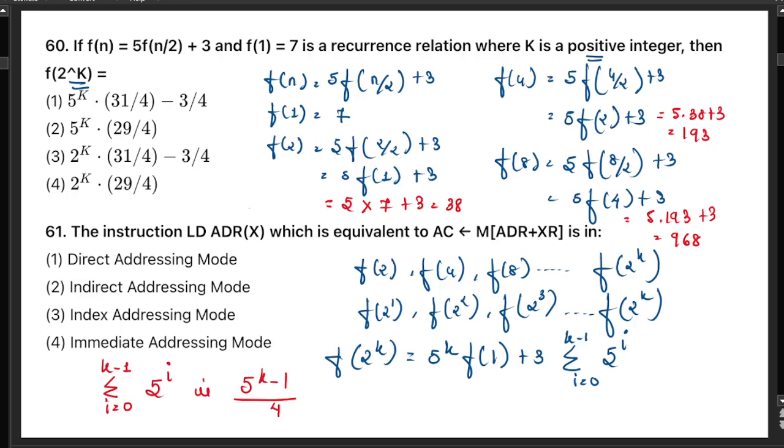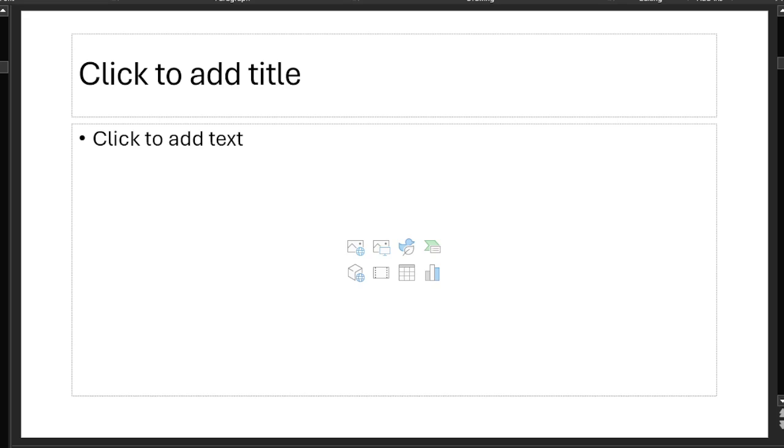Otherwise, we can also do it by simple substitution in the formula and getting the answer. So here are the steps. First, what we calculated, f(2^k), is 5^k times 7 plus 3 times (5^k minus 1) by 4.